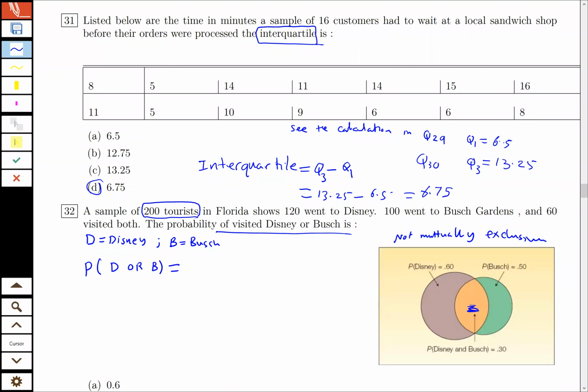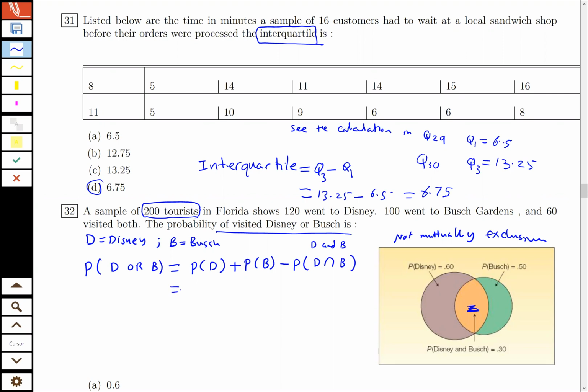That is the rule. If the events are not mutually exclusive, it will be the probability of Disney plus the probability of Busch minus the probability of Disney intersection with Busch, or we could say D and B. It's the same. Intersection means and.